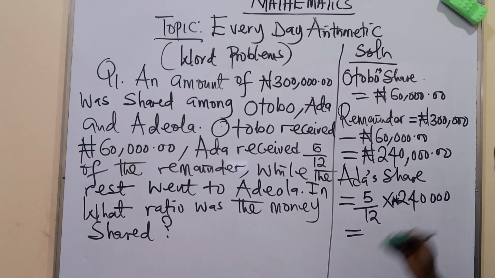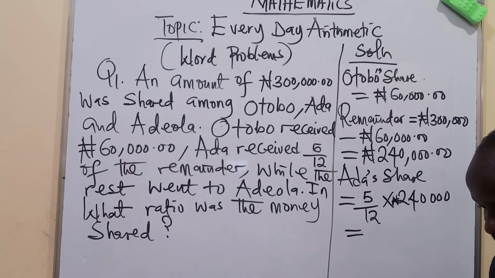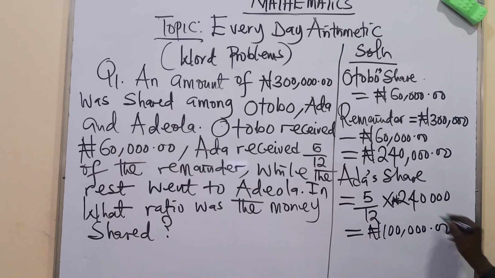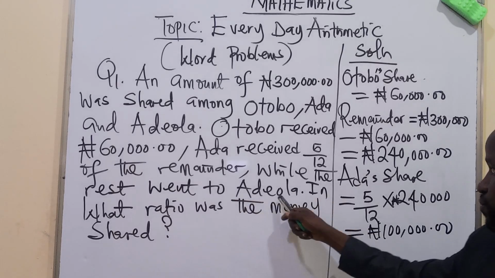So let's look at what Ada received. We can directly multiply this. We can say 5 times 240,000 divided by 12, that is 100,000. So Ada received 100,000. Ada received 5 over 12 of the remainder while the rest went to Adiola.